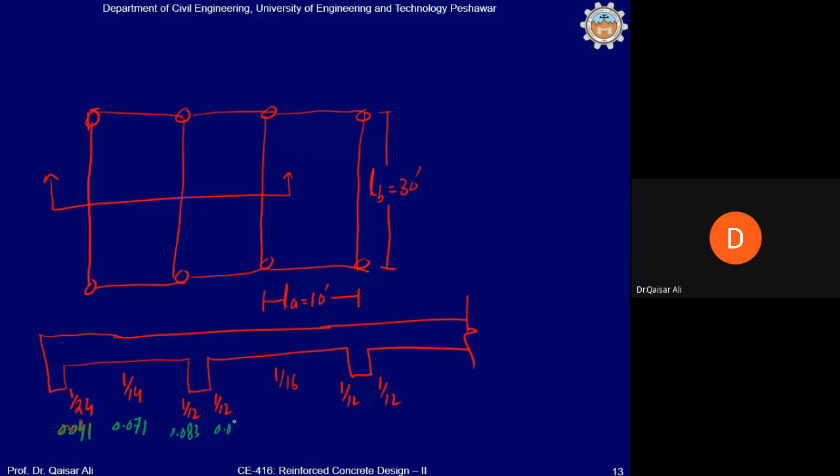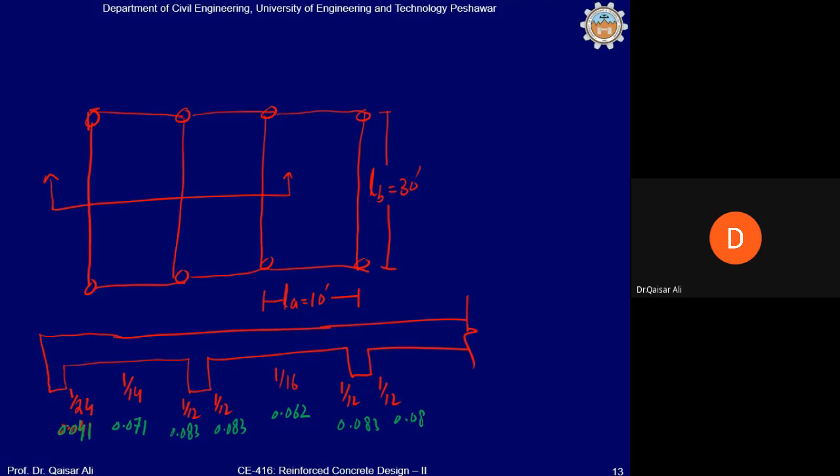Similarly, the other one is also 0.083. And what about 1 over 16? 0.0625. And again, this is 0.083 and 0.083.